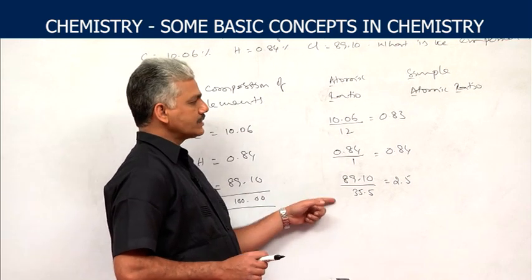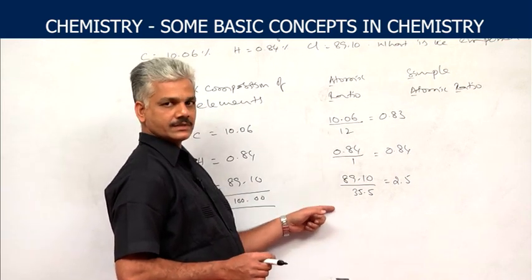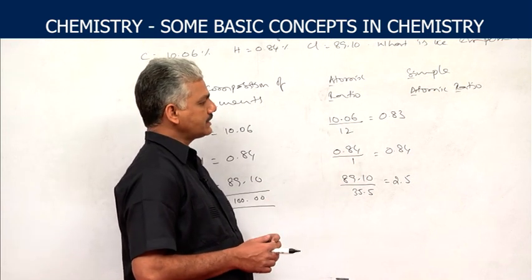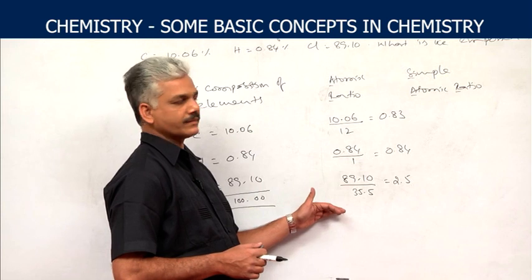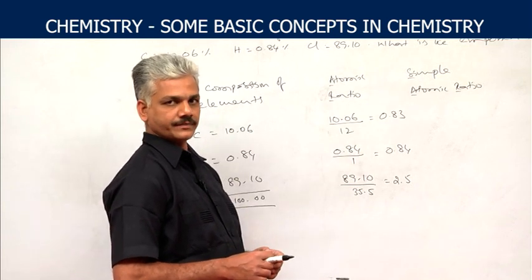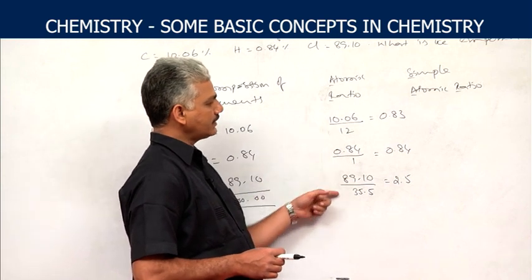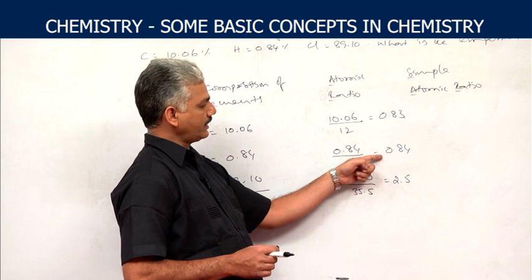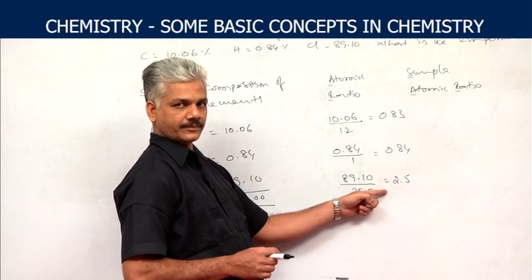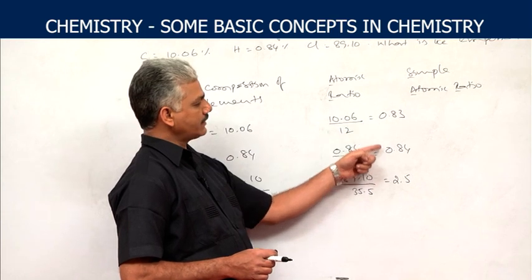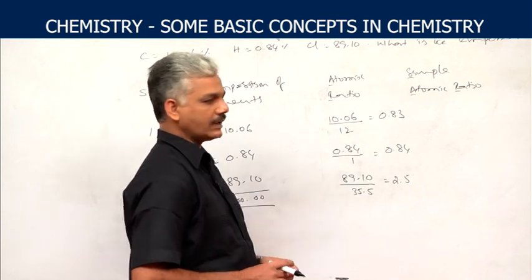In the atomic ratio, you will come across various values. Select the least value and with that divide all other values. The ratio obtained is called as a simple atomic ratio. Say for example, here in the atomic ratio you came across 0.83, 0.84 and 2.5. So, the least value is 0.83. With this we have to divide all other values.